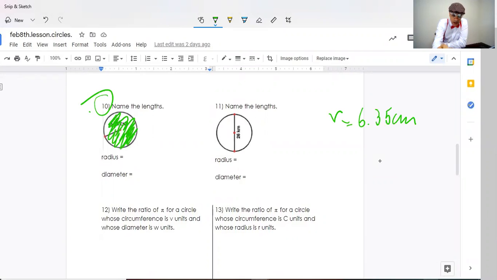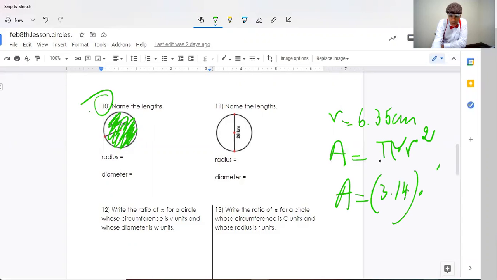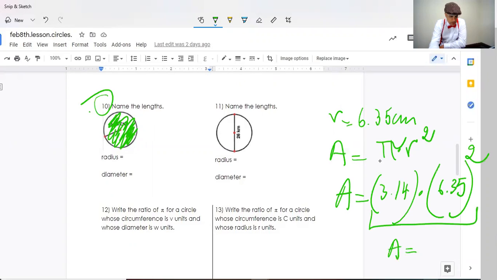So the formula for area of a circle is pi r squared, pi times the radius raised to the second power. So in this case the area is pi, let's use 3.14, times the radius 6.35, and we're going to raise that to the second power. Okay, so put this in your calculator and it's going to give you the area in centimeters squared. Okay, so the area is pi times the radius squared.